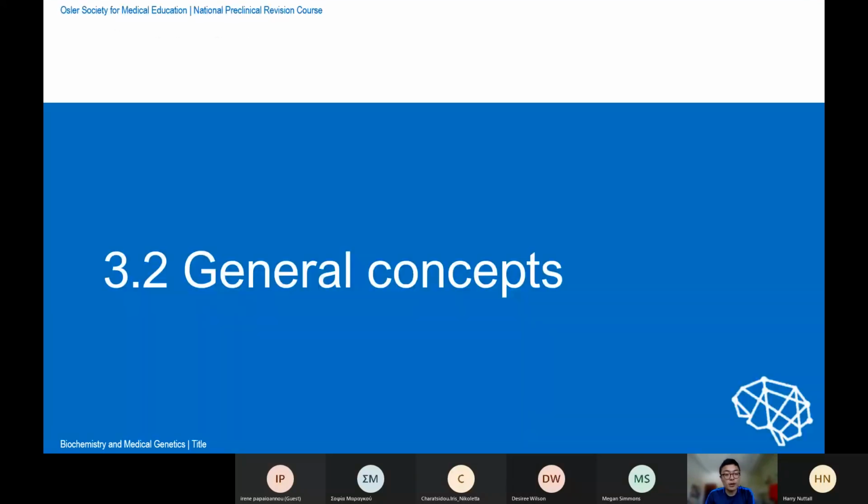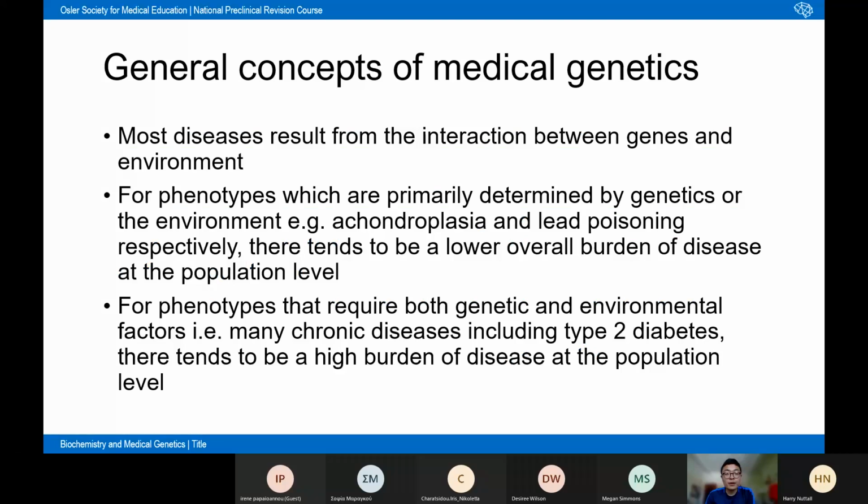Just to go over some general concepts of medical genetics. Hopefully you'll be familiar with some of these, but no worries if not. Most diseases in fact result from the interaction between the genes and environment. Nevertheless, you do get some phenotypes and diseases which are primarily determined by genetics, such as achondroplasia, or by the environment, such as lead poisoning.